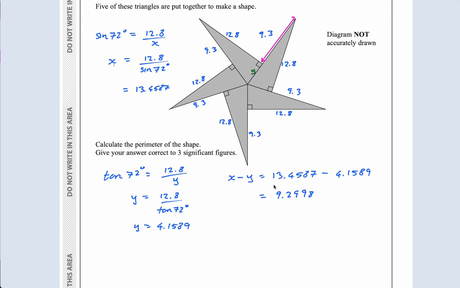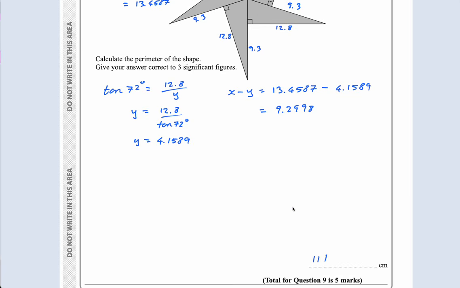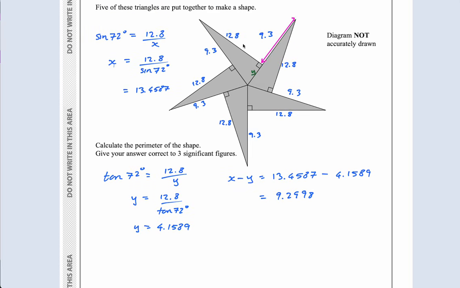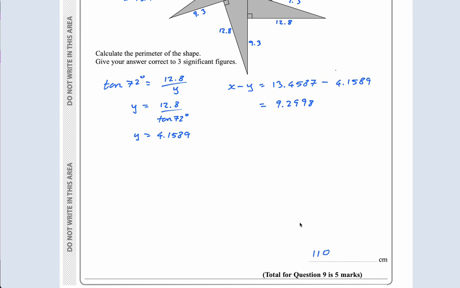Just be a little bit careful, guys. If I actually kept it at 9.2998, it would be less than 111. So I'm actually going to put 110. I'm going to change this, sorry, to 9.2998 instead of 9.3, so when you add all of them up, it'll round to 110.